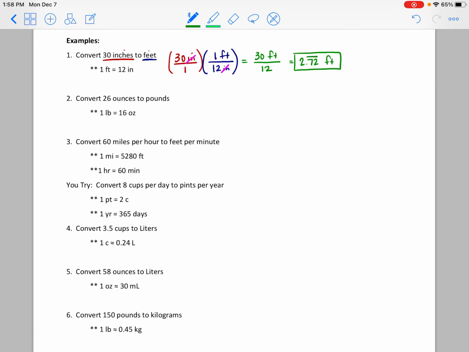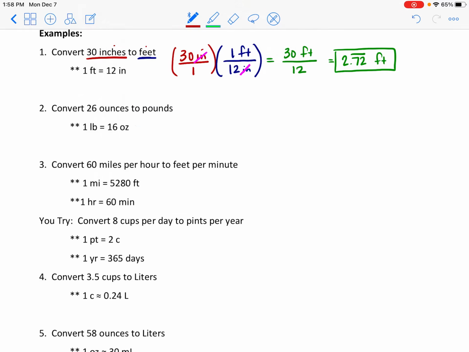Let's try again. So here we are starting with 26 ounces, and we want to convert it to pounds. So 26 ounces is my start. OZ is the abbreviation for ounces. I'm going to make it a fraction by putting a 1 under it.